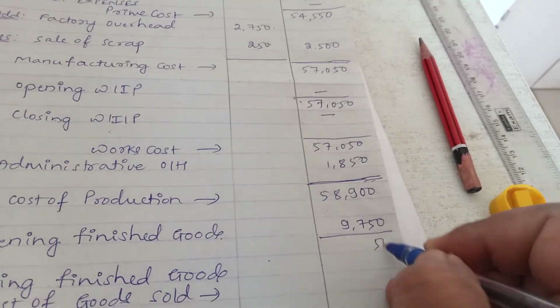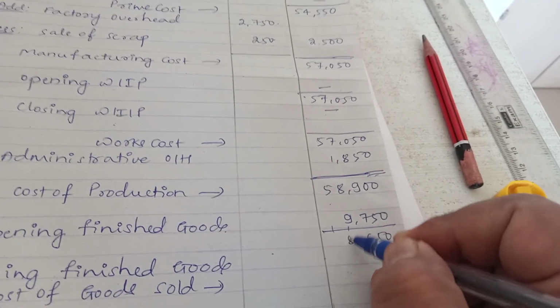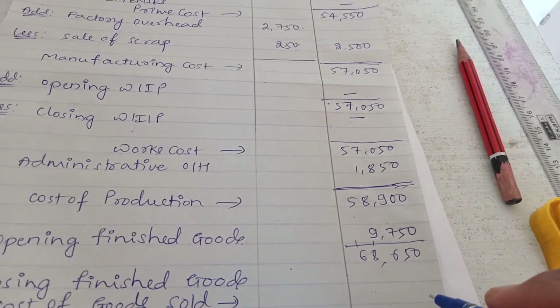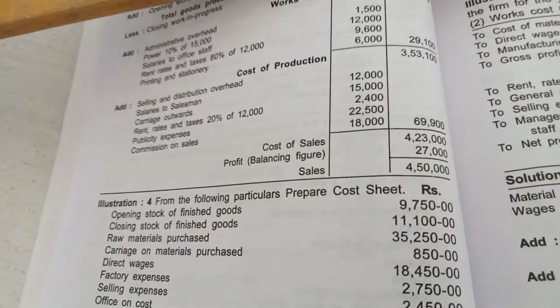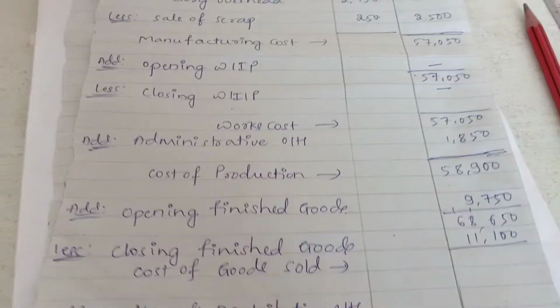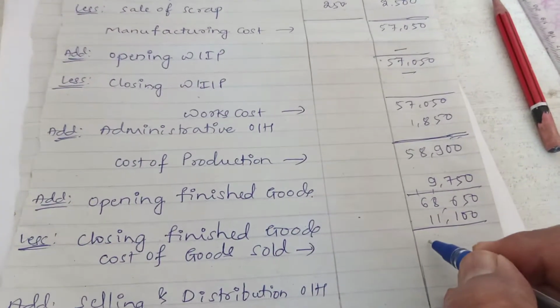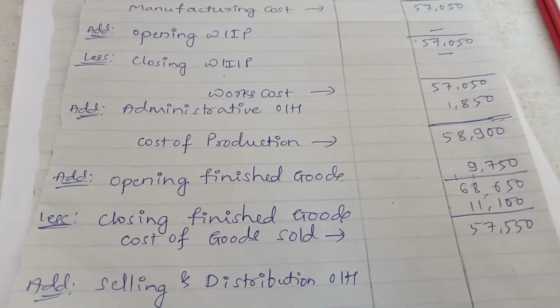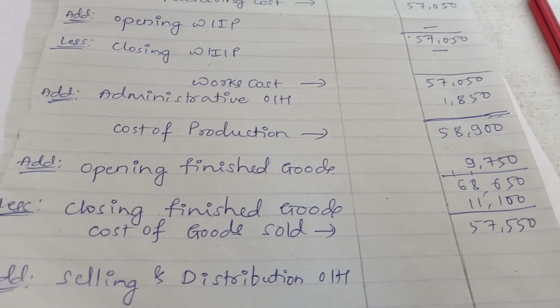After adding this we get 68,650. And from this we deduct the closing stock of finished goods amounted to rupees 11,100. After deducting this we get 57,550. That is nothing but the cost of goods sold.